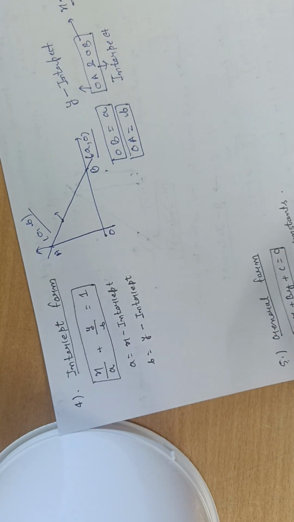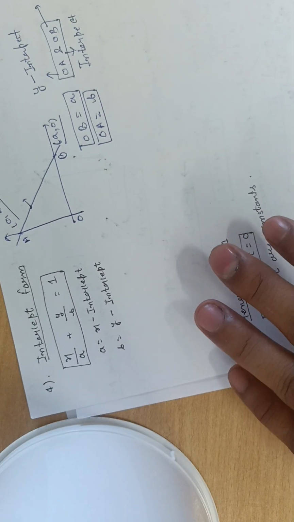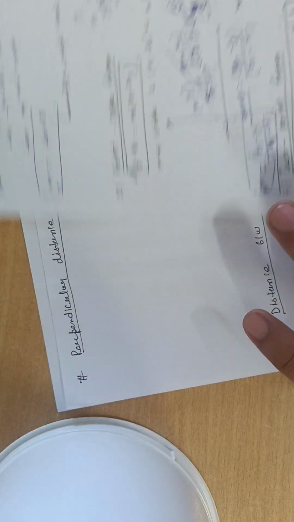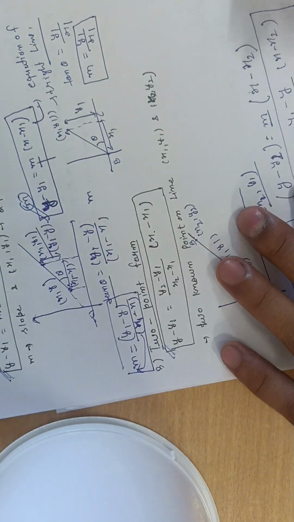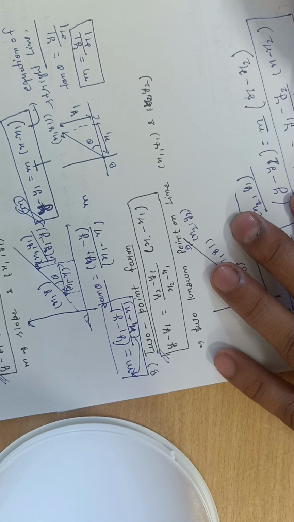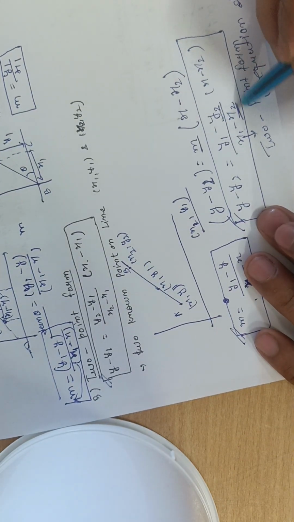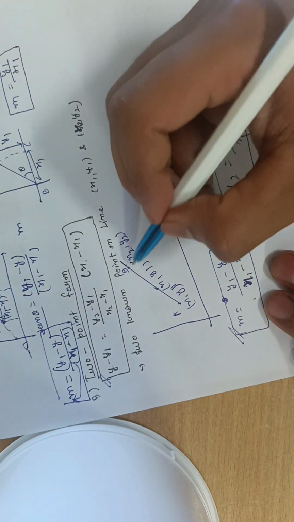So we just apply the two-point form of the straight line. How can we apply the two-point form? Here I made one mistake, I think. We wrote this x1 and x2.